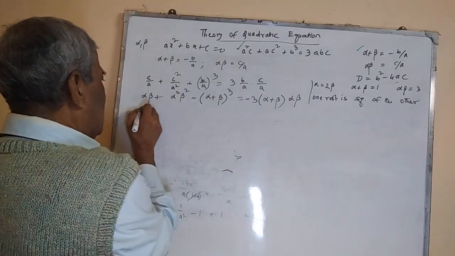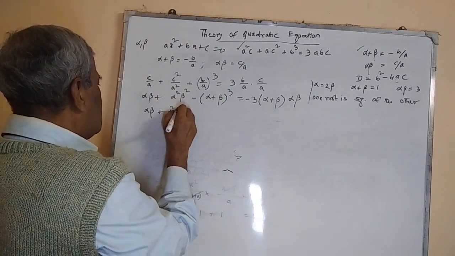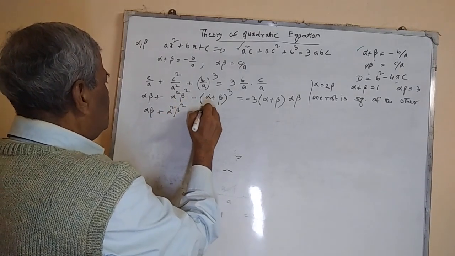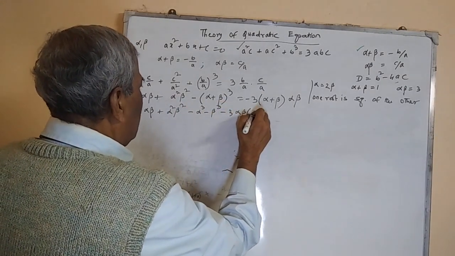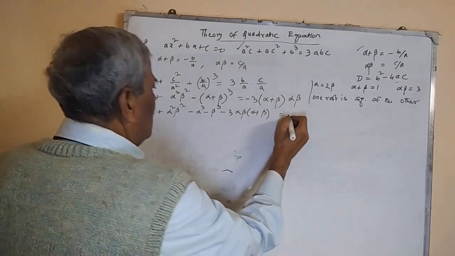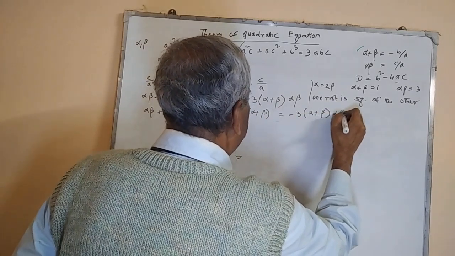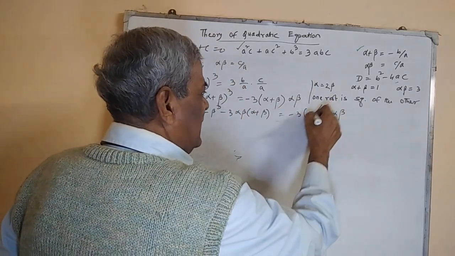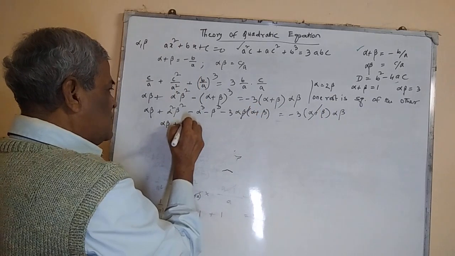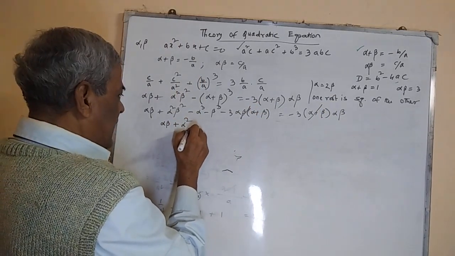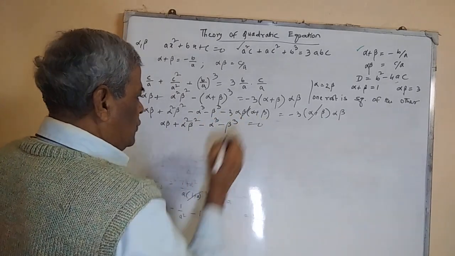Now it is simplified. It is alpha beta plus alpha square beta square minus alpha cube minus beta cube minus 3 alpha beta into alpha plus beta is equal to minus 3 into alpha plus beta into alpha beta. You see, they cancel. So we get alpha beta plus alpha square beta square minus alpha cube minus beta cube is equal to 0.